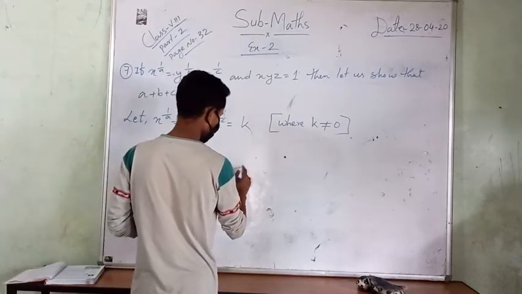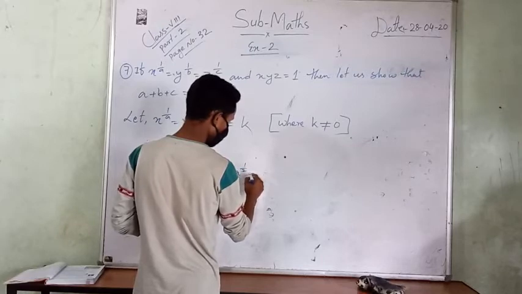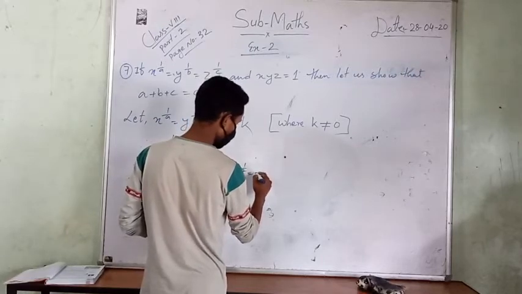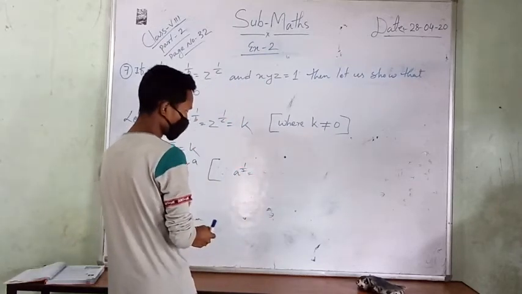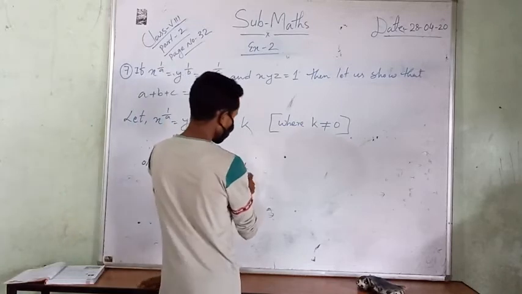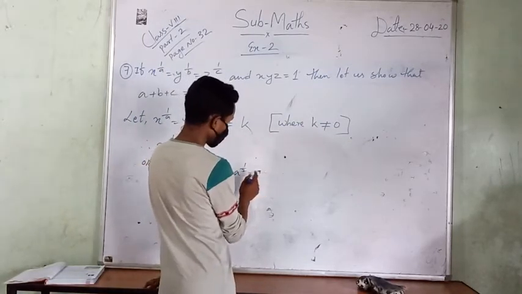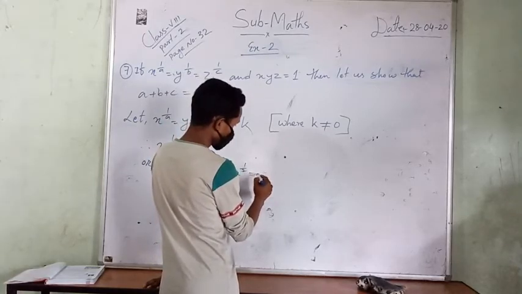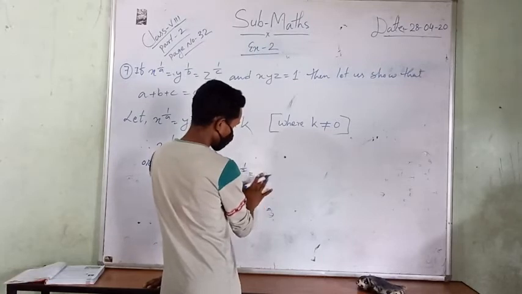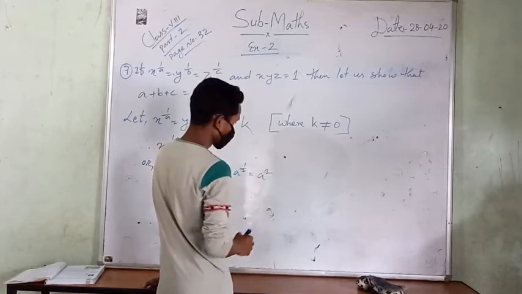Because suppose a to the power 1 by 2 equals something, the power goes to this side, then it is a to the power half, then goes this side, then a to the power square.